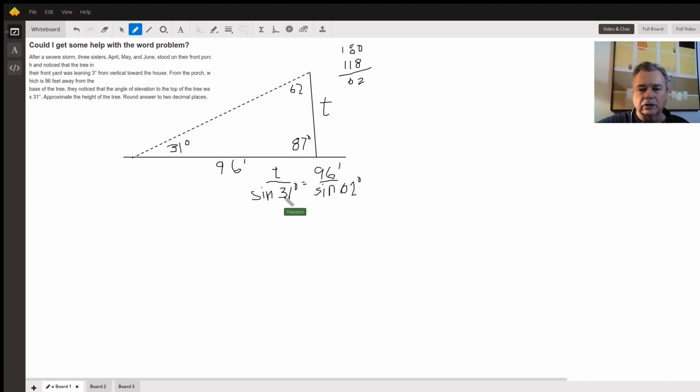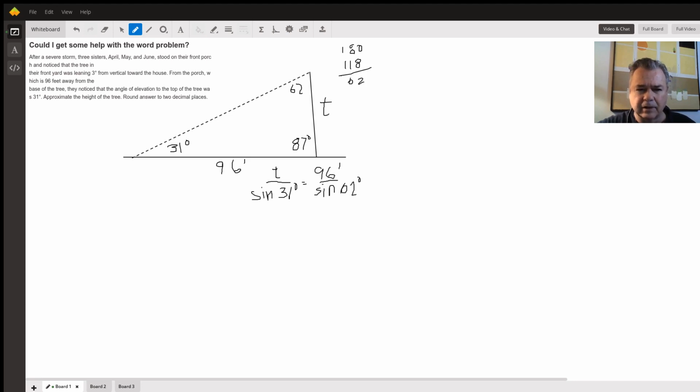So at this point, you're going to use your calculator. I'm just putting my computer calculator in scientific mode. And I'm going to multiply 96 times the sine of 31 degrees. You might recall the sine of 30 degrees is 1/2.